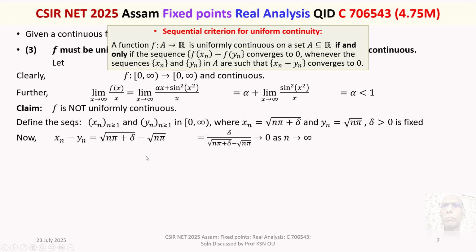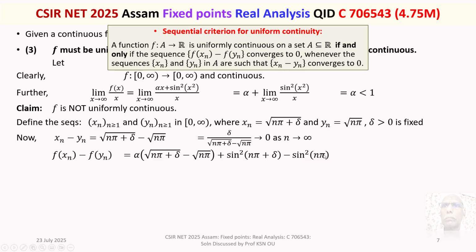Now what happens to f of xn minus f of yn? This also tends to 0. Then this sequential criteria for uniform continuity can be applied. f of xn minus f of yn is equal to alpha times root of n pi plus delta minus root of n pi, that is alpha times xn minus yn, plus sine square of n pi plus delta minus sine square of n pi.